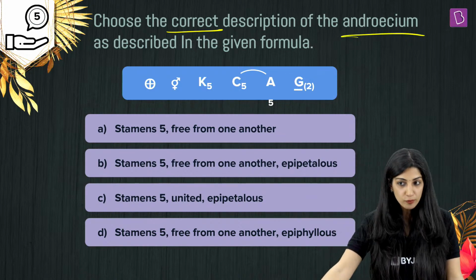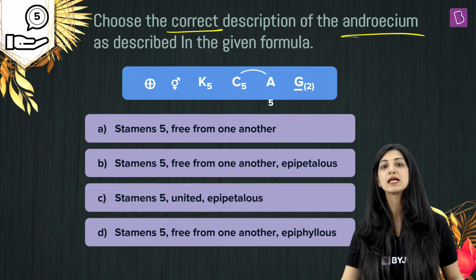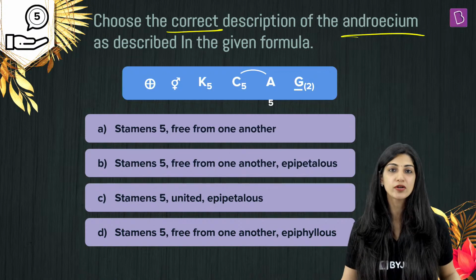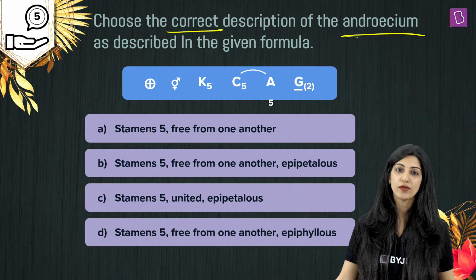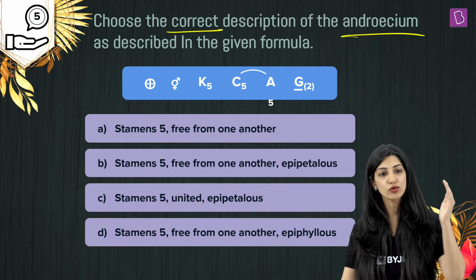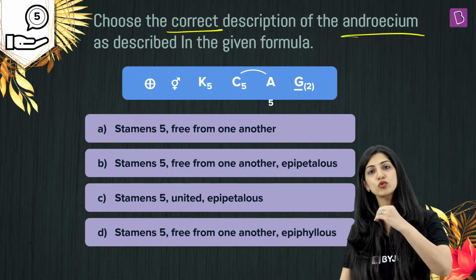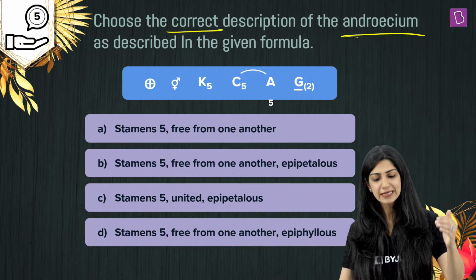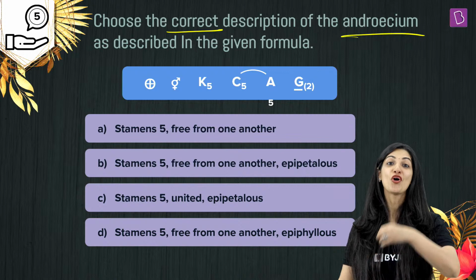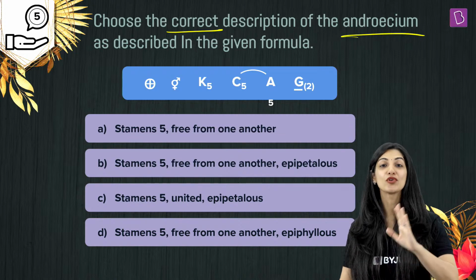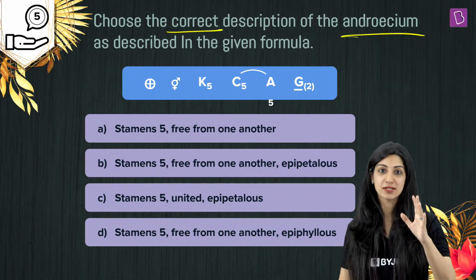Well, floral formula, very important part of the syllabus. Floral formula is not a different topic from studying about the flower or the vegetative parts. If you have done your vegetative parts and floral and reproductive parts, everything in good detail, then it is just the symbolization of all those features. Floral formula is just the symbols.